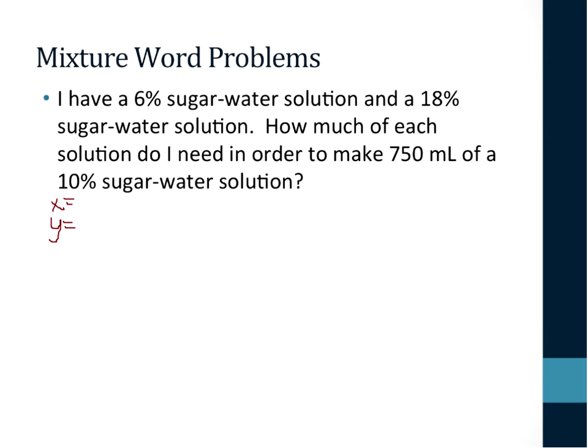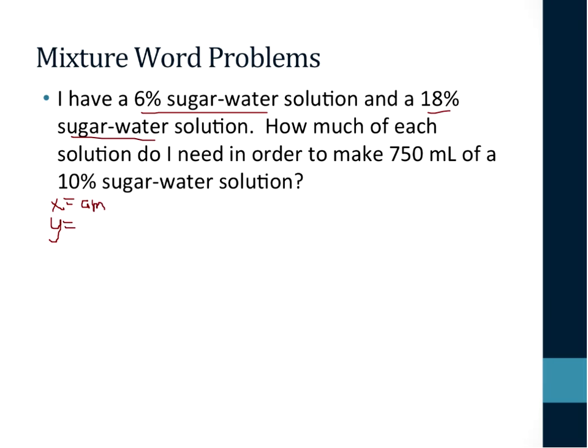In the bucket method, I'm going to start by defining my variables. What don't I know? Well, I don't know how much of the 6% sugar water solution I need and how much of the 18% sugar water solution.